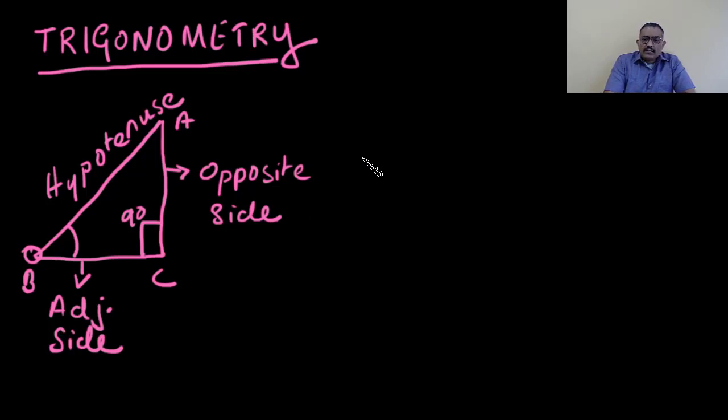Now there are 6 trigonometric ratios that we need to remember. The first one is called sine of the angle B. For now, let's call this angle theta, and this is opposite side by hypotenuse.